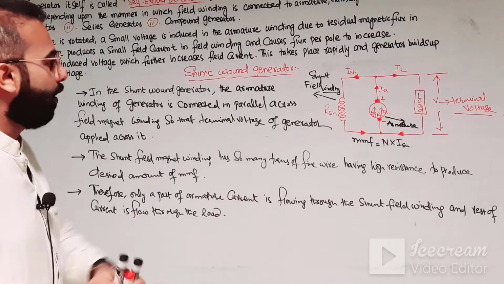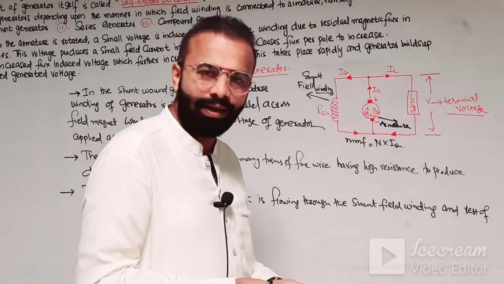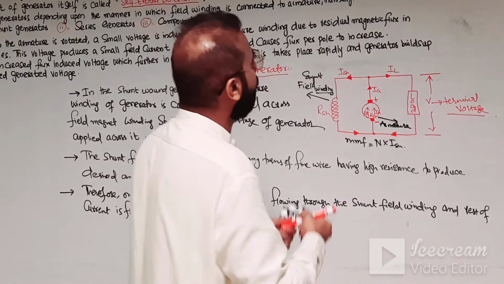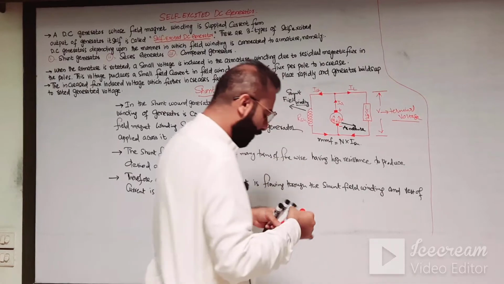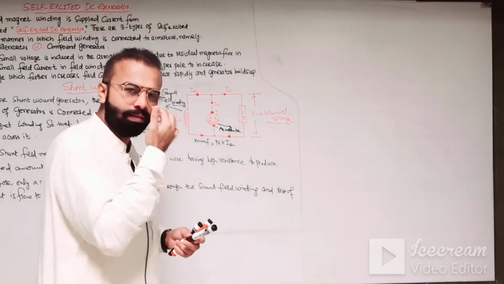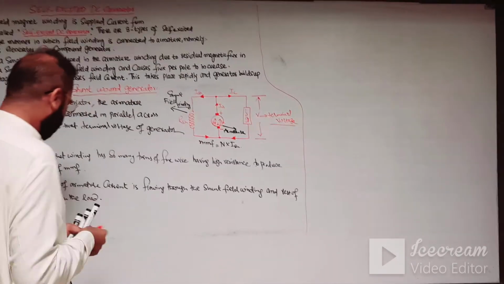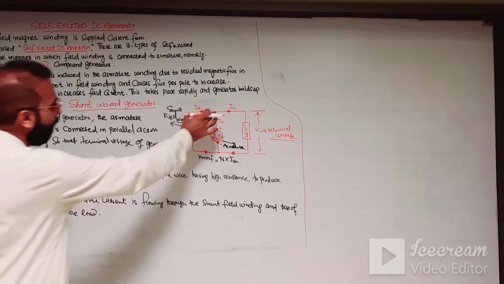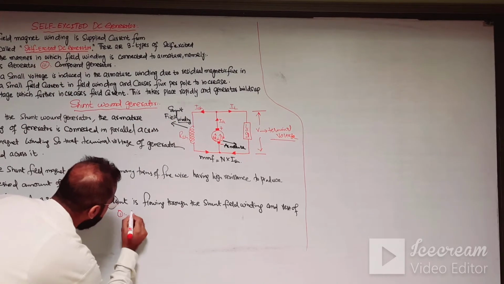Now after that, let's write down some formulas related to the DC shunt wound generator, so that we can find the shunt field current, the armature current, the terminal voltage, the power developed in the armature, and the power delivered to the load. First, the shunt field current.